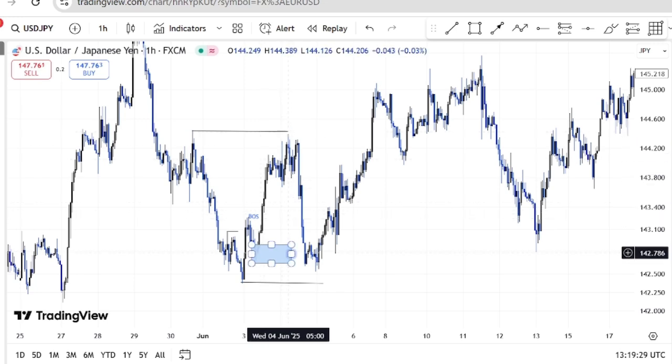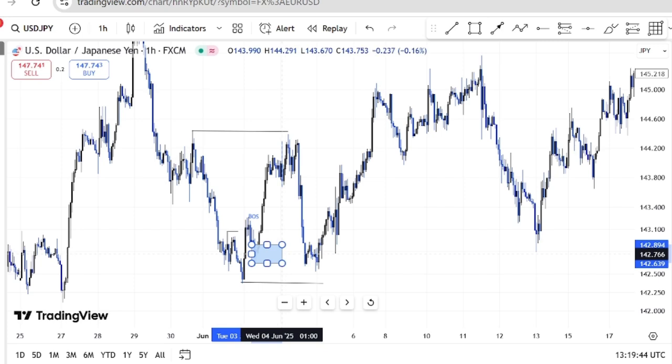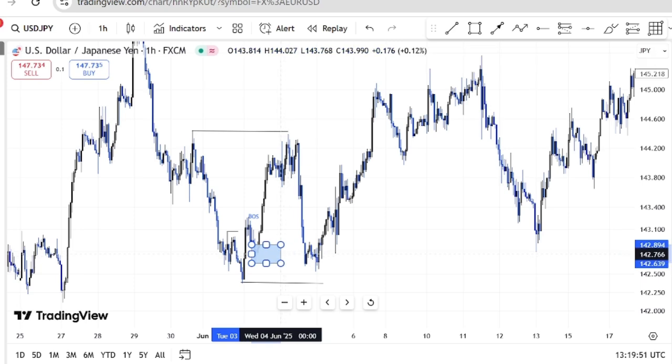And marking this order block here, because a lot of persons feel that when you have a new high or a new low, an immediate break of structure to the upside or to the downside, that is what they would put as the order block, which makes us feel the first problem of liquidity at this point.